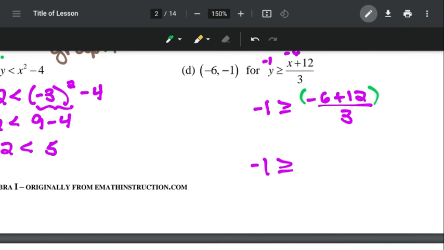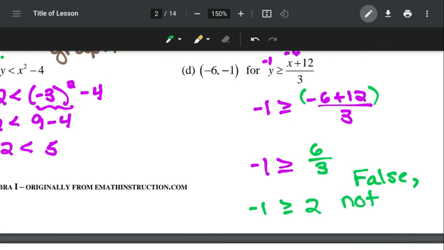So what I'm going to do is evaluate this first. So I have 6/3, which is 2. Either way, a negative isn't bigger than a positive, so this is false. So therefore, our point -6, -1 is not on graph.